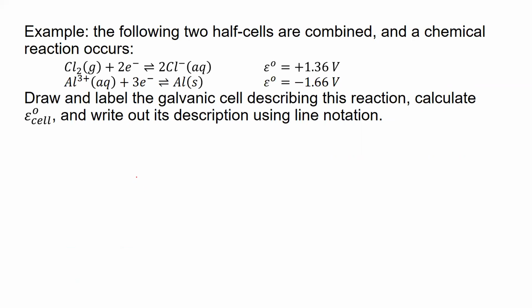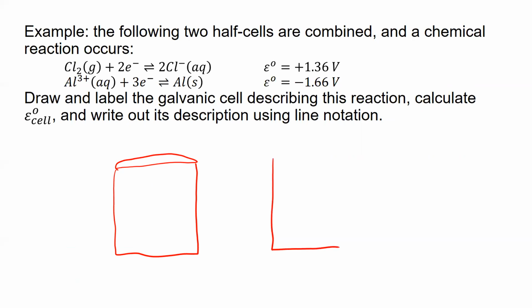Again, drawing out these cells is important so we can see what is going on in the chemical reaction. So again, we write out our anode and cathode half cells. It's good to start by drawing out your half cells, connecting them with the salt bridge, and then you can go back and figure out which side is going to have which of the two half reactions.